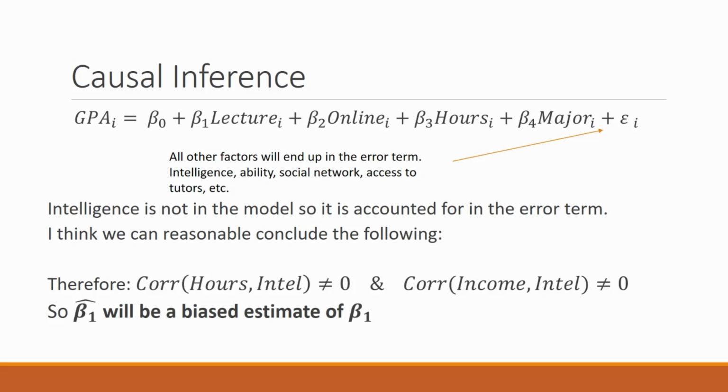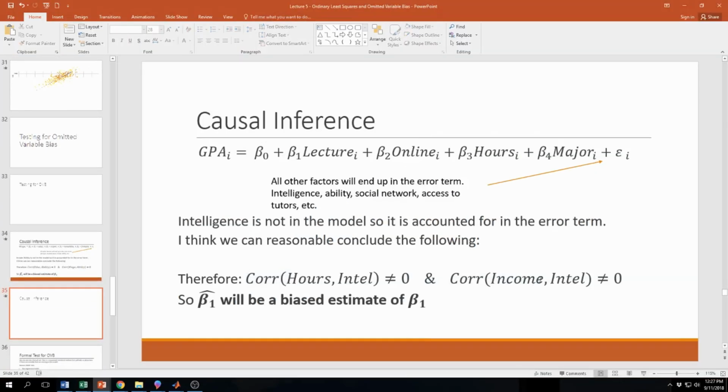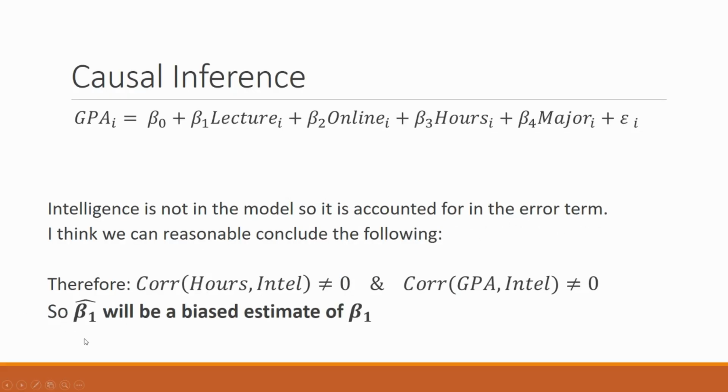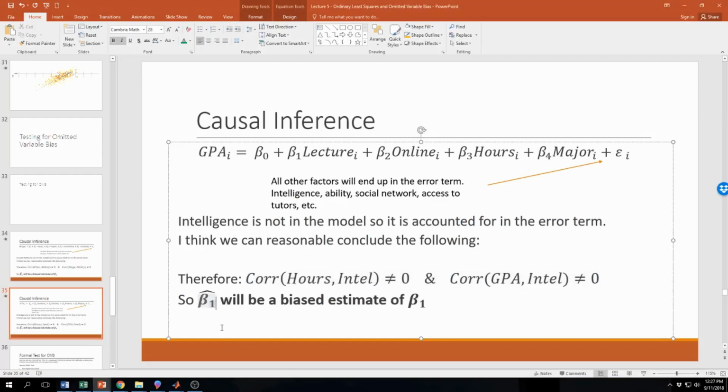So therefore, the correlation between hours and intelligence won't be zero, and the correlation between GPA and intelligence will not be zero, which means the estimate of, in this case, beta 3 will be biased.